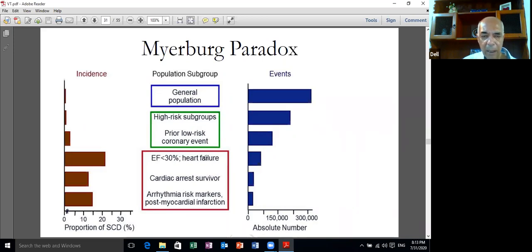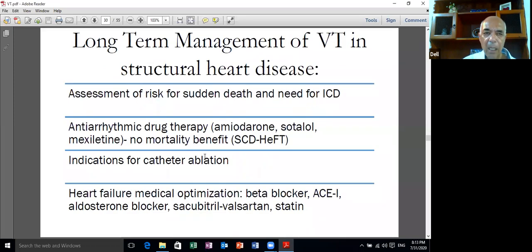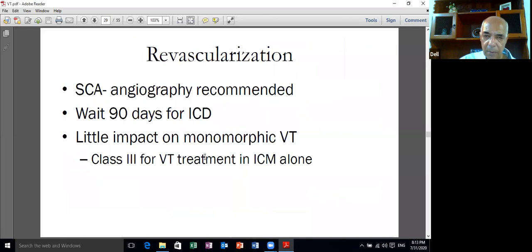Under these circumstances, we identify the minority of the people. Unfortunately, we don't have good indices by which to identify the large majority of patients with sudden death from the general population. This is called the Myerburg paradox, after Robert Myerburg of Miami University. Now, the long-term treatment of ventricular tachycardia with structural heart disease, we said that.